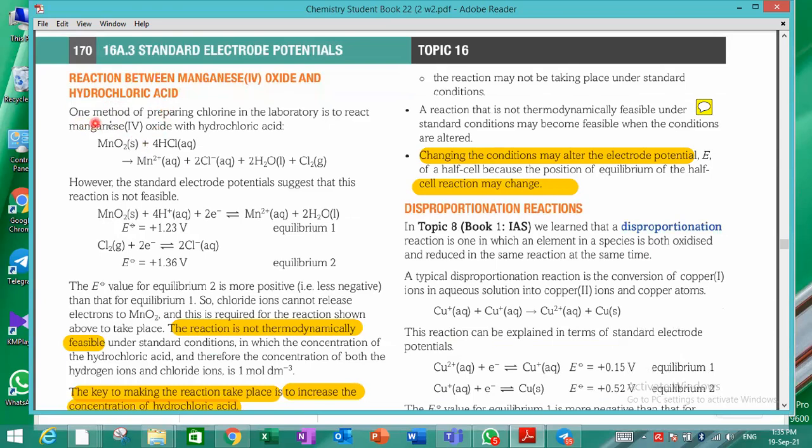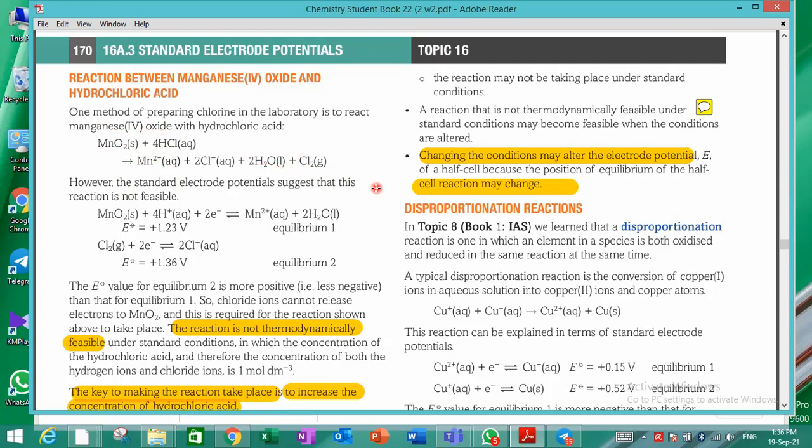They said that one method of preparing chlorine gas in the laboratory is to react manganese 4 oxide with hydrochloric acid, according to this equation: manganese 4 oxide solid plus 4 HCl aqueous gives manganese 2 plus ions aqueous plus 2 chloride ions plus 2 water plus chlorine gas. So we get chlorine gas from the reaction between MnO2, which is manganese 4 oxide, and hydrochloric acid. Now, we want to see whether this reaction is feasible or not.